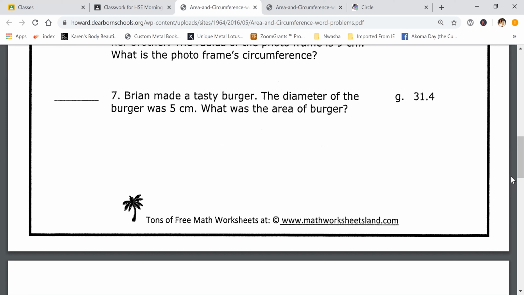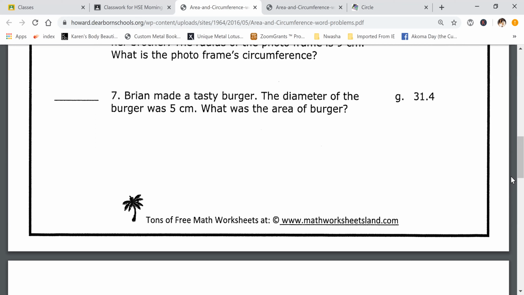So it's always important. All of these questions were asking for circumference and area, but occasionally they give you the circumference and ask you about the diameter, or they give you the area and ask you about the radius or diameter.